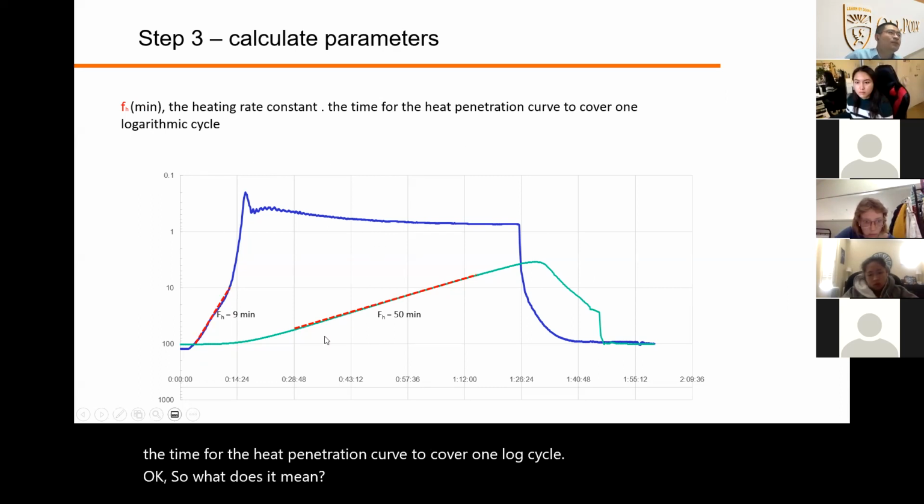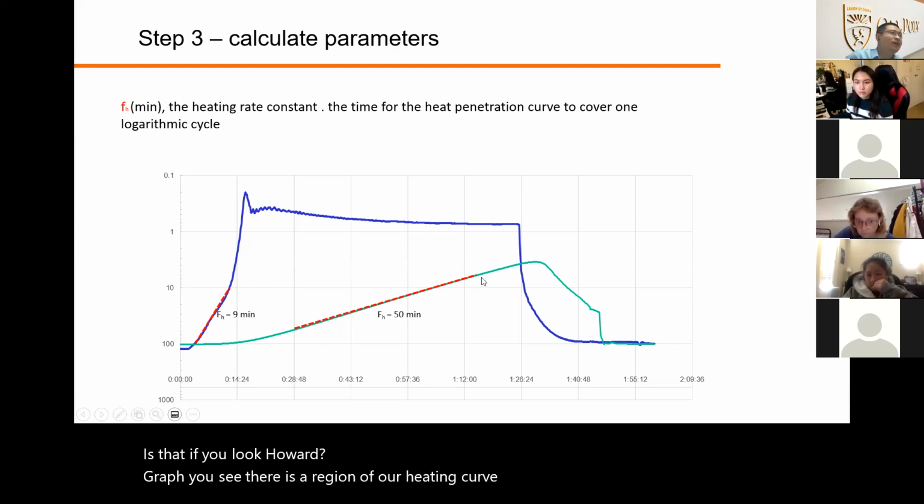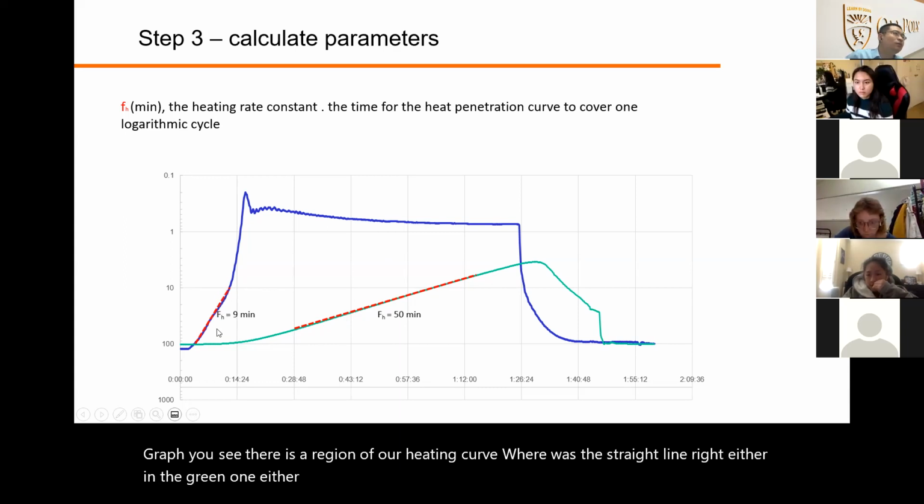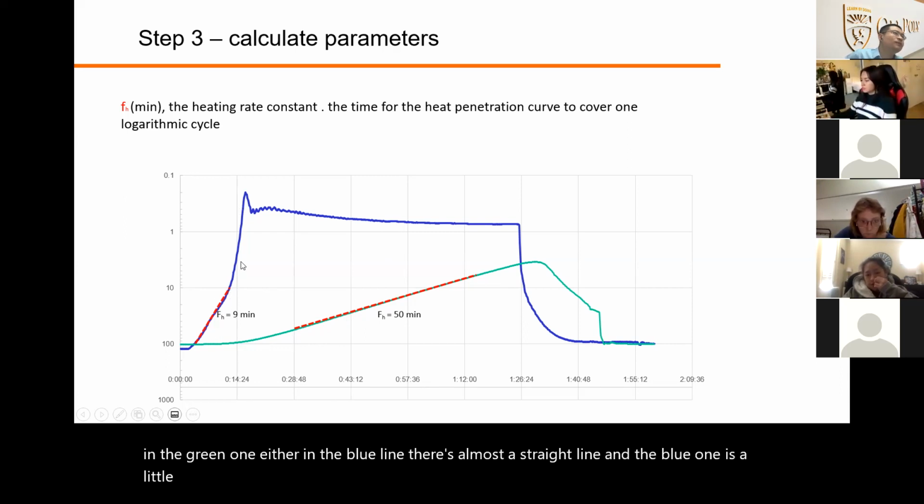If you look at our graph, you'll see there's a region of our heating curve that is a straight line, either in the green one or in the blue line.